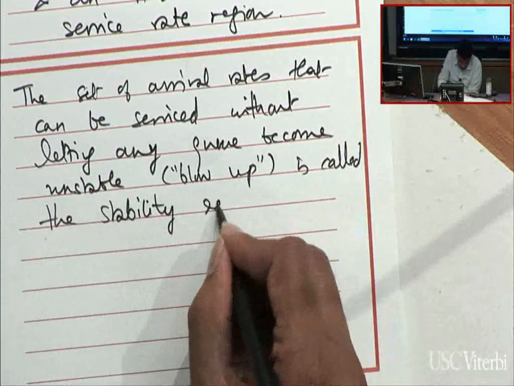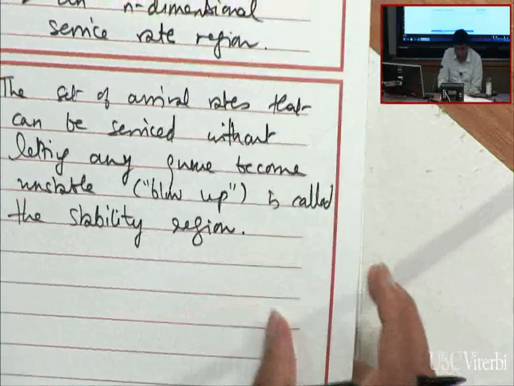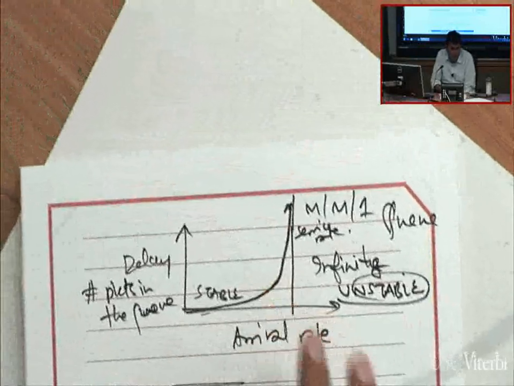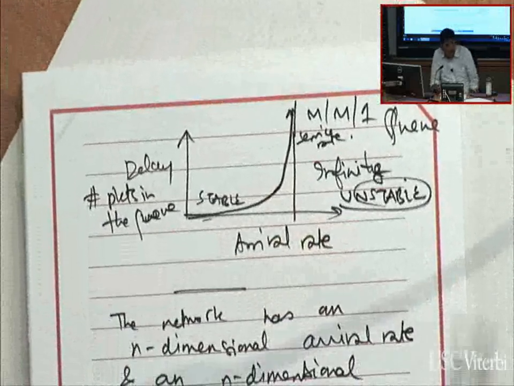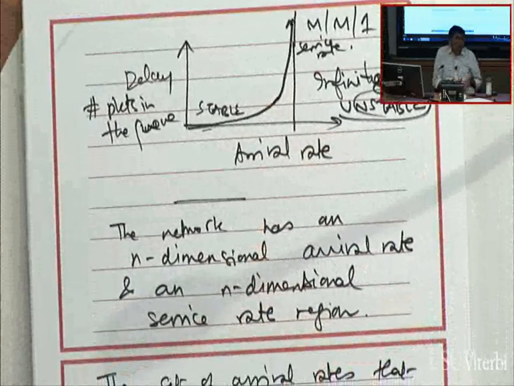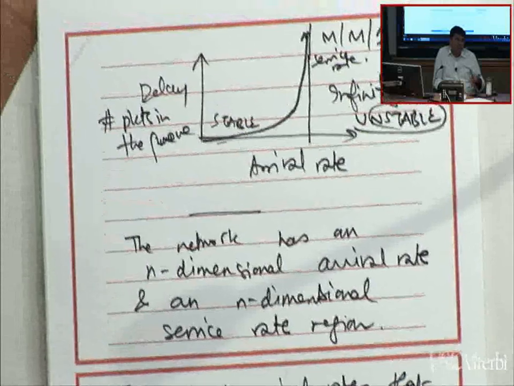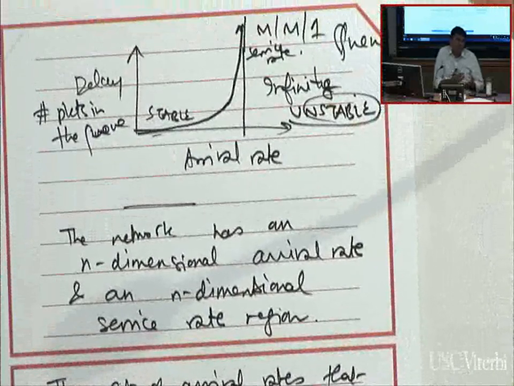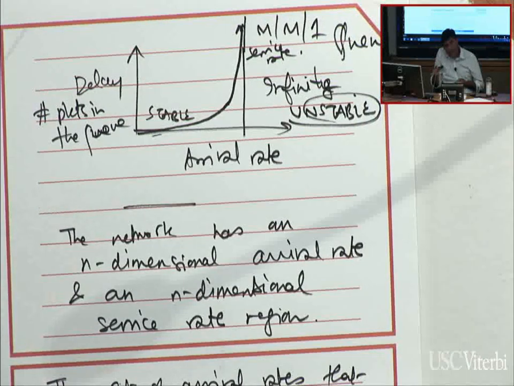Now there's a subtle difference between the stability region for the MM1 queue and the stability region for a network. In an MM1 queue, you don't really have a lot of choice in what you're doing. You have a server, and that server's service rate is a fixed value. There's no trade-off, there's nothing to do. In a network, you have a lot of design freedom. You can choose how to move the packets between different servers.